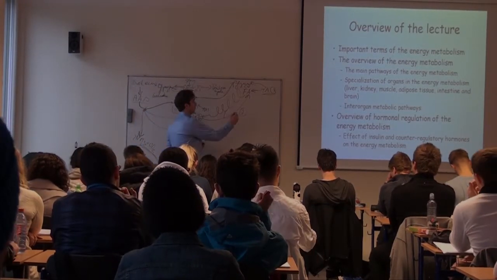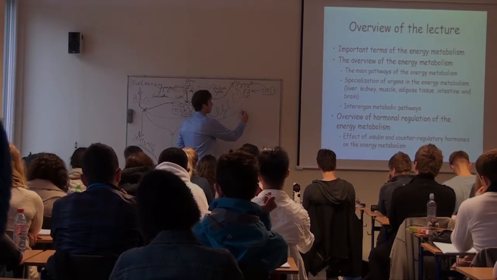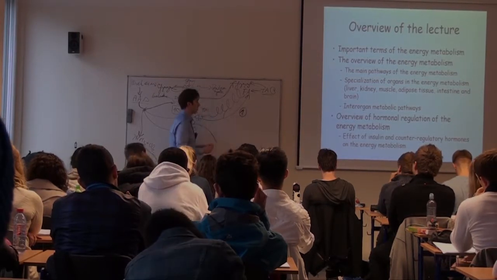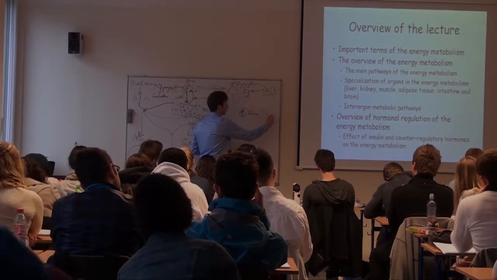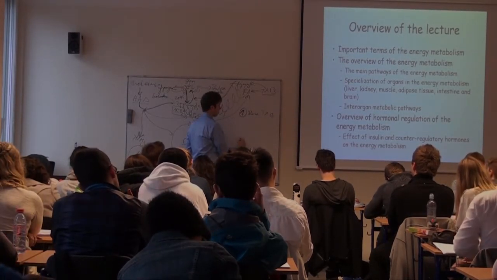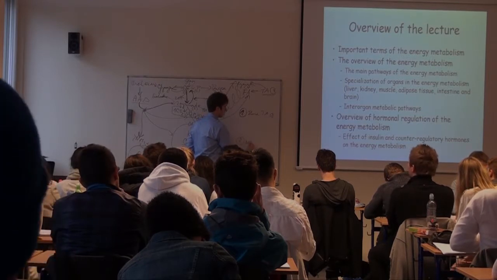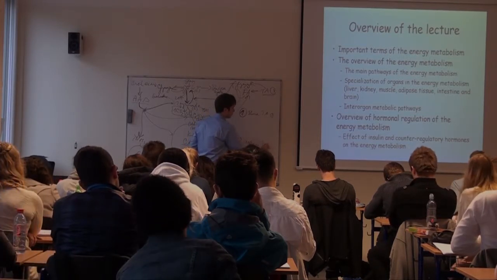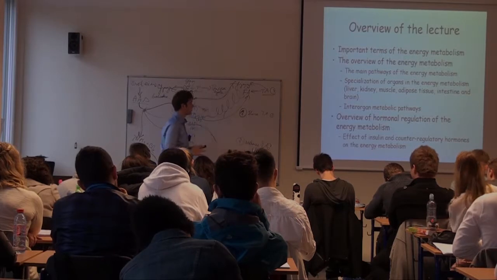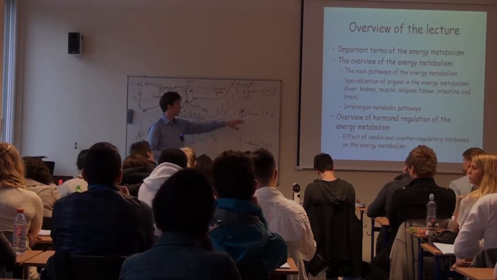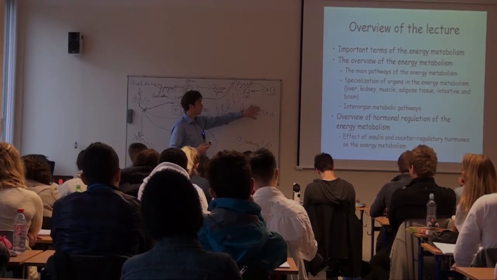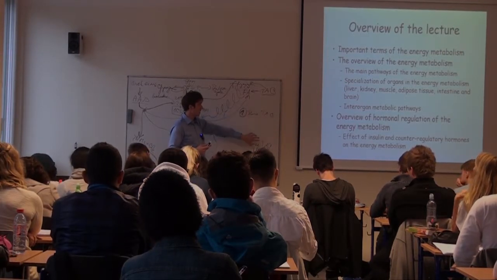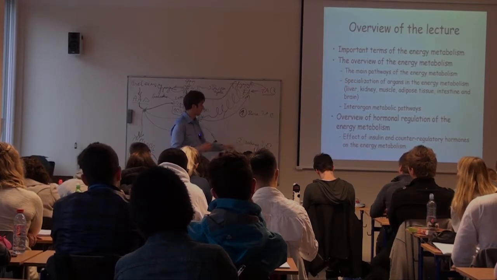But for now, the first role of adipose tissue is to store triacylglycerols, and the second role is to release triacylglycerols. So it means to have energy, and here to release the energy.